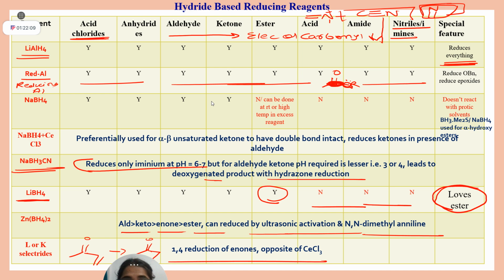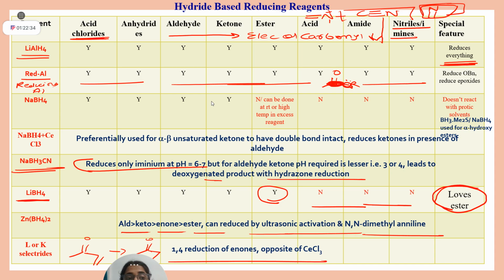What I will suggest, write the mechanism of each hydride based reagent, how they are working, and you should know why from left to right the electrophilicity of carbonyl is decreasing. With decrease in electrophilicity of carbonyl, reactivity also decreases. Therefore, we are going from one reagent to another.